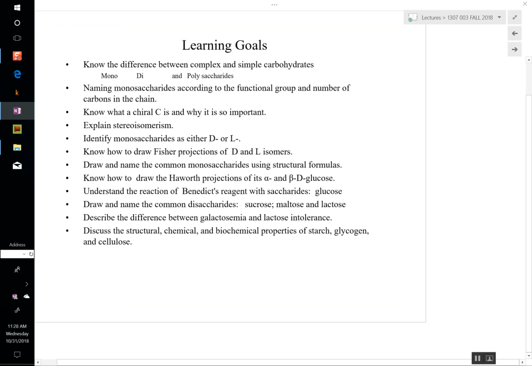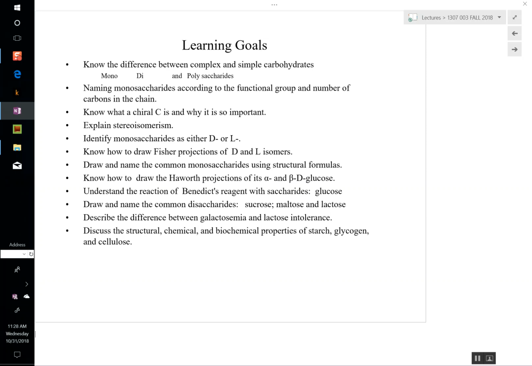We don't need to read all of that, but you can look at that slide as a little checklist. This is what we want to get through in this chapter. Know the difference between mono, di, and poly. Naming monosaccharides according to functional group and number of carbons. Know what a chiral carbon is and why it is so important. Explain stereoisomers, identify monosaccharides as either D or L. Know how to draw Fischer projections. We're going to need to learn how to draw Fischer projections and Haworth projections.